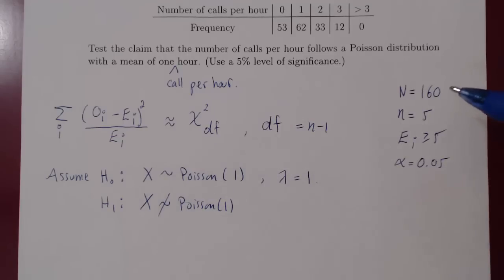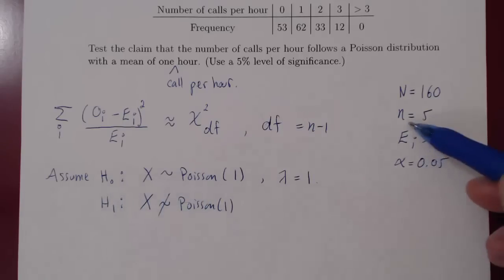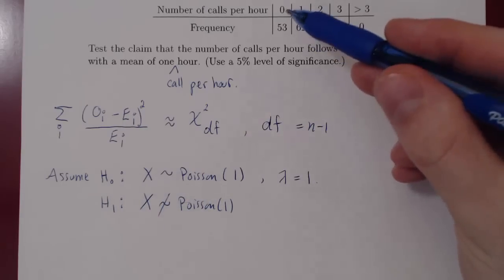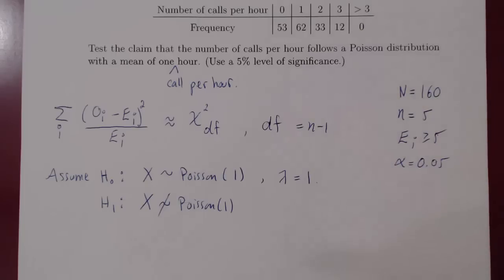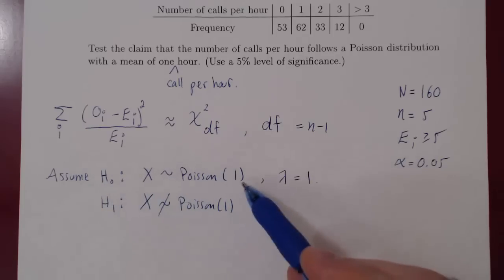The only question we have now is how do we compute, under the assumption of h naught, the expected value for each of our 5 bins? Well, under h naught we have a distribution.